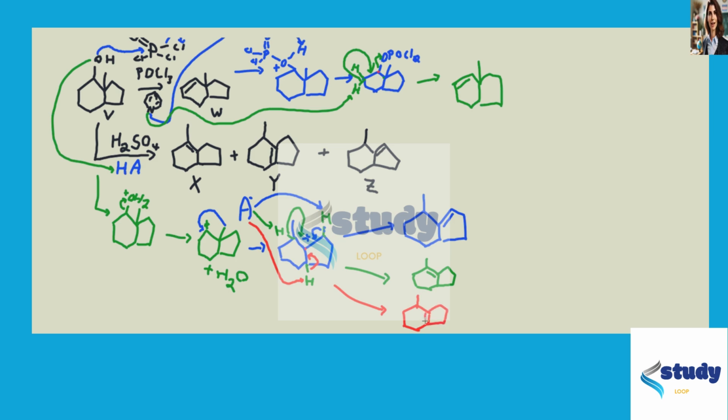This also forms a tetra-substituted alkene. So this explains our 3 products, X, Y, and Z. Obviously, in all 3 of these cases, we have a plus HA, so we reform our acid catalyst. So this is an acid catalyzed elimination reaction.